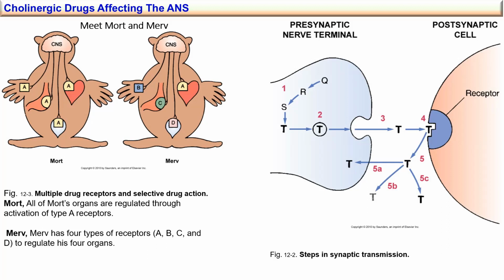In step 1, there is synthesis of the neurotransmitter T from precursor molecules Q, R, and S. In step 2, after synthesis, the neurotransmitter is stored in vesicles.